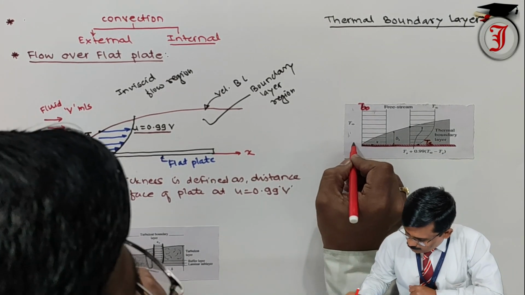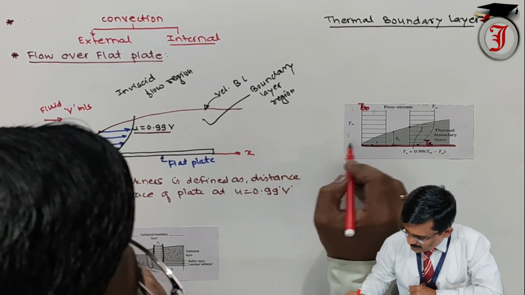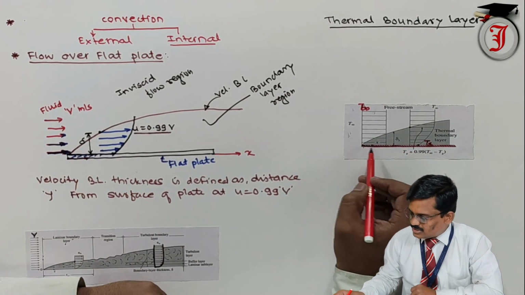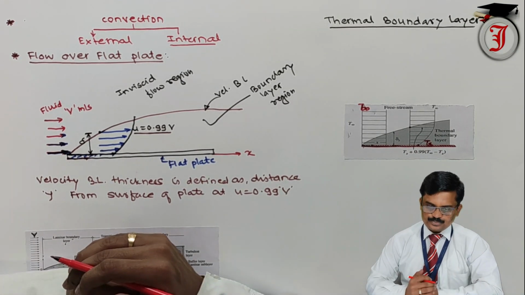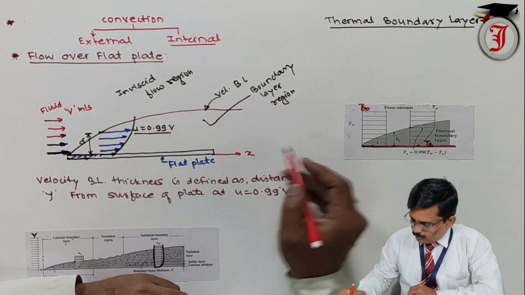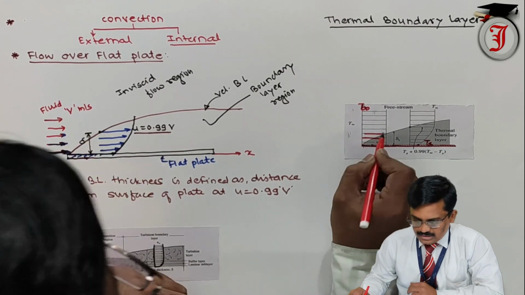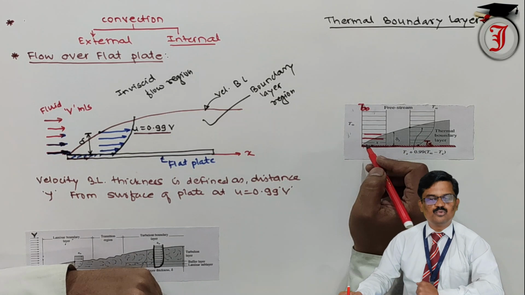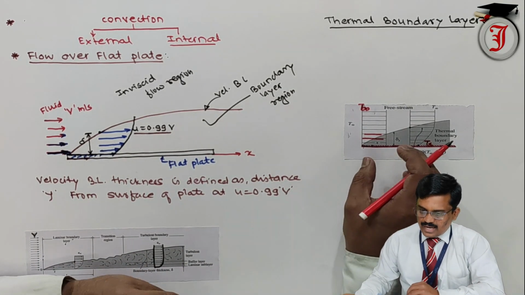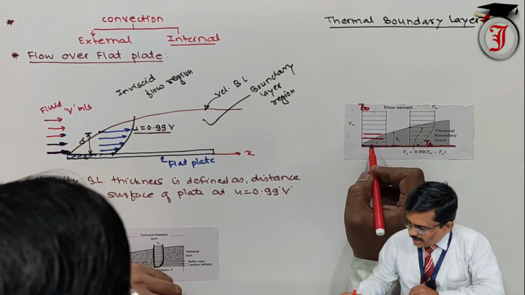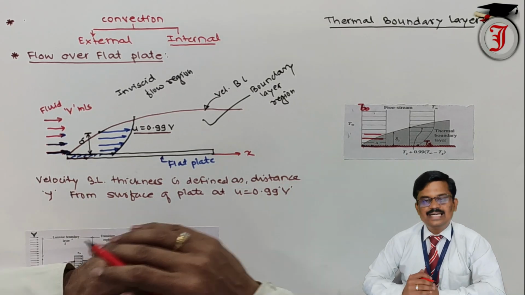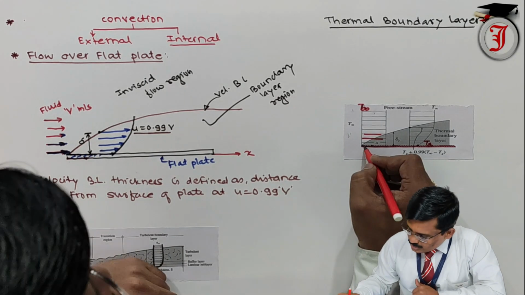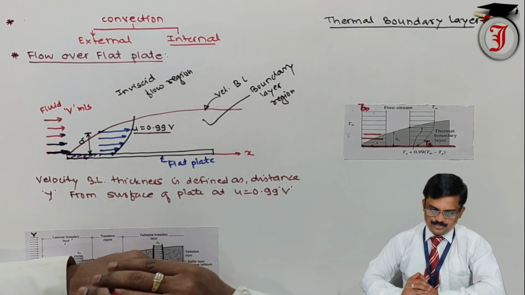So when the fluid is flowing with temperature T infinity, the first layer of fluid particles attains the surface temperature. Then the adjacent fluid layers reach thermal equilibrium with the plate, and the temperature goes on decreasing. The temperature of the fluid stream decreases as we move in the y direction.